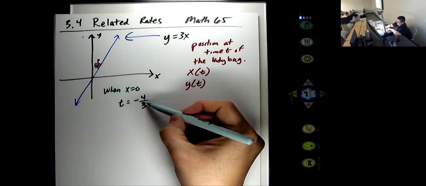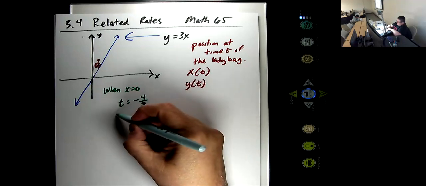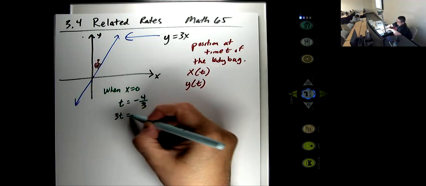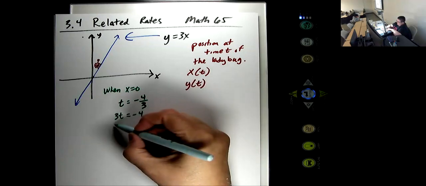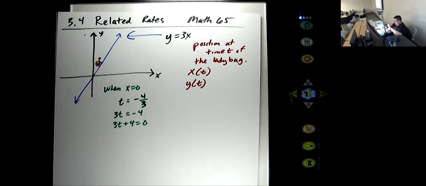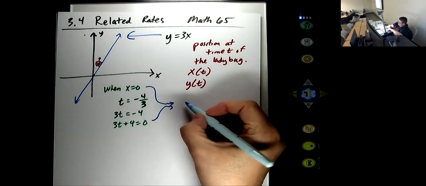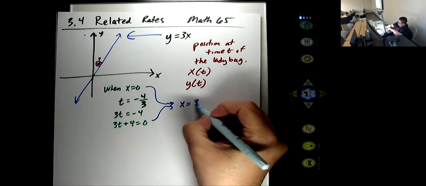So if I solve this for 0, I could multiply, I could get 3t equals -4, and I get 3t plus 4 equals 0. And the reason why I got them equal to 0 is so that I could make the connection here that x, and these things have the same value, x equals 3t plus 4.